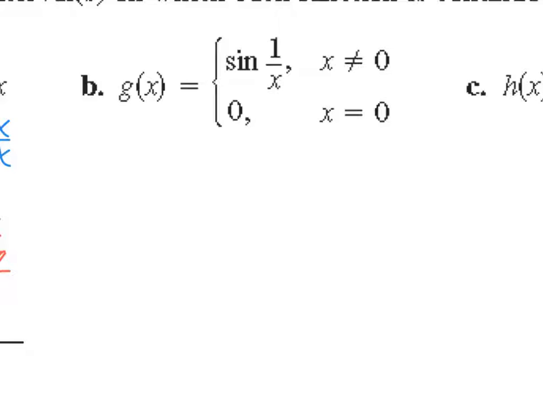It's just a question of whether or not the hole or the discontinuity for the first piece happens to be at 0, 0. We know it's at an x value of 0, but what's the y value that corresponds to that? So what we need to figure out is the limit as x approaches 0 of the sine of 1 over x.